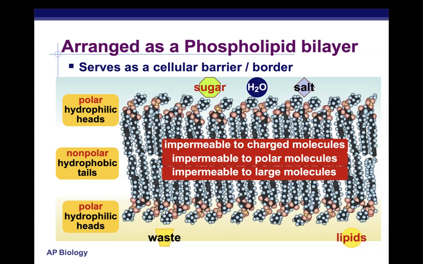Charged substances and polar substances can't cross the cell membrane because they do not mix. They're not able to coexist in the nonpolar tail sections of the plasma membrane. They don't mix with it, so they can't cross this nonpolar tail section.